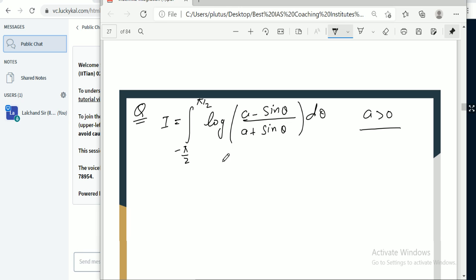Try to apply the even and odd property. If we simplify with the help of even and odd functions, first tell me whether this function is even or odd.